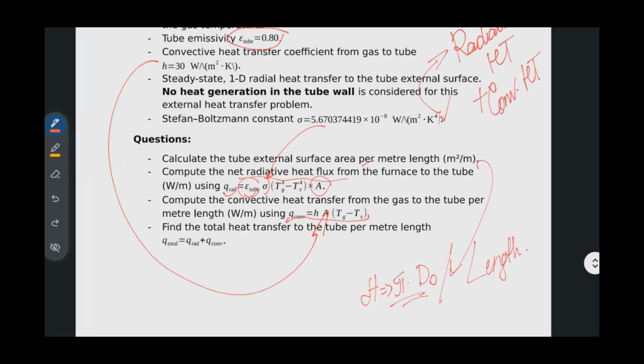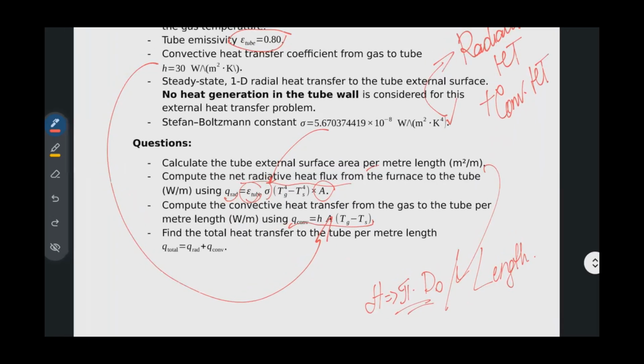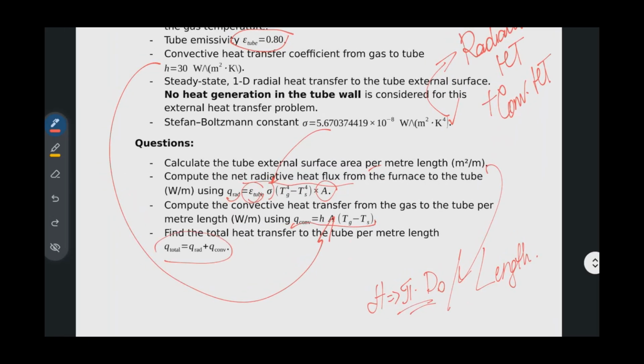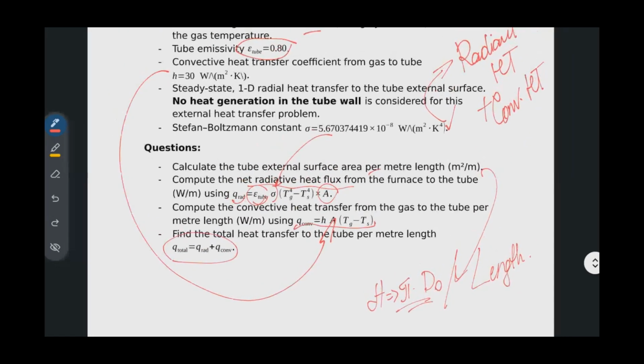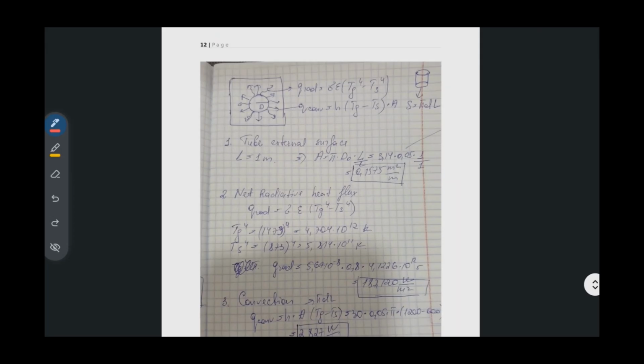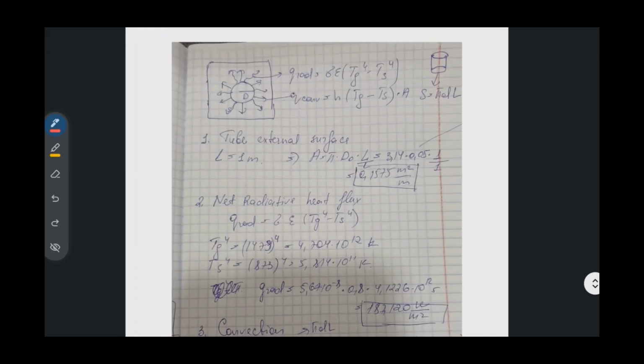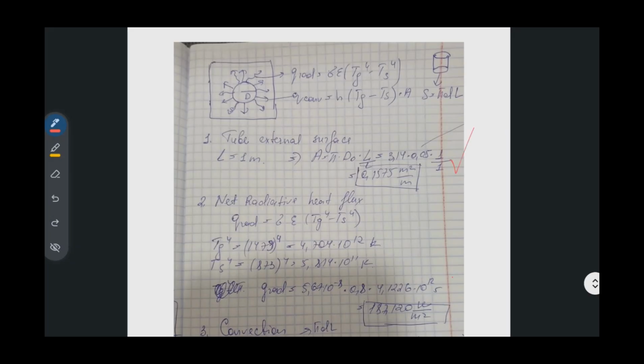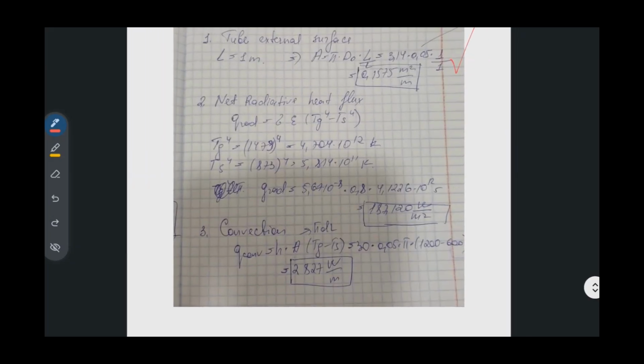And the total heat transfer will be equal to Q total, Q radiation plus Q convection. And in this case also, we don't consider any heat losses. That's why I didn't ask to calculate that. Again, the same thing. So A is equal to pi D L, over L. Net radiative heat transfer. Yes, this is the only harder part.